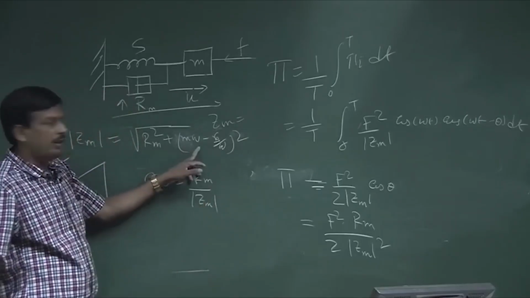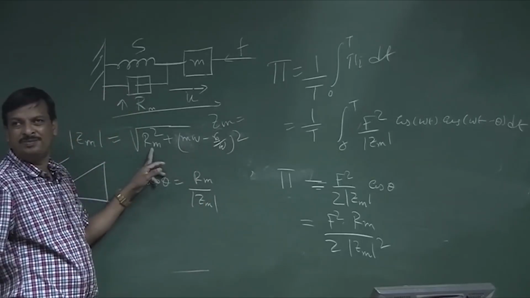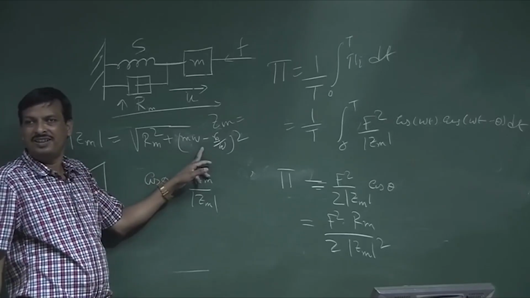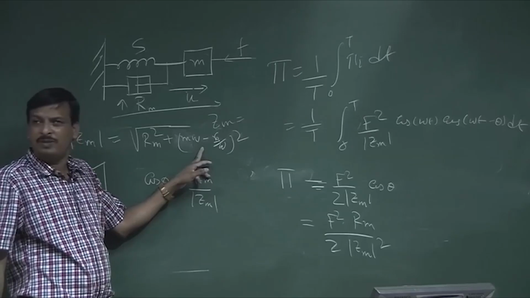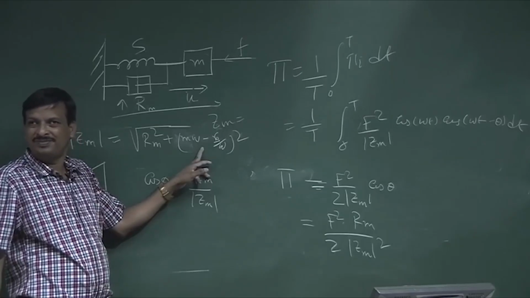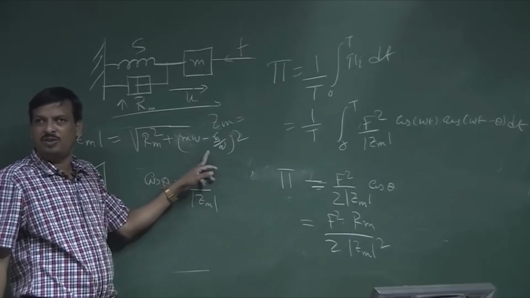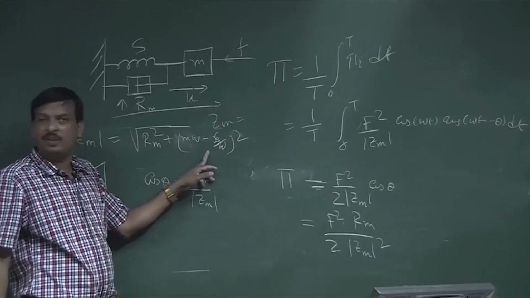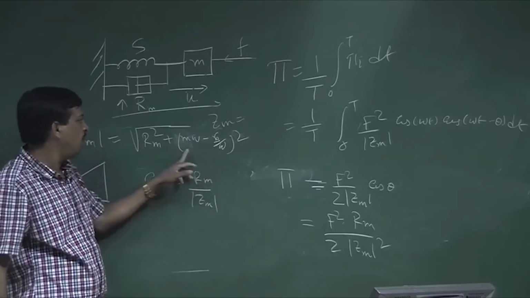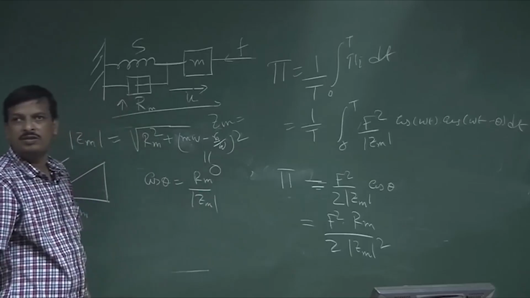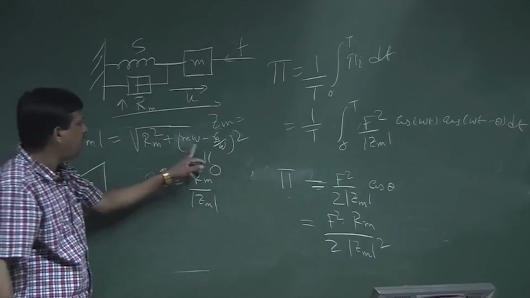So, I cannot minimize Rm, but if the reactive term is equal to 0, then I can say Zm is minimized. It is a term of omega. So, at a certain omega, if this term is equal to 0, then Zm is minimized. When will this term be 0?